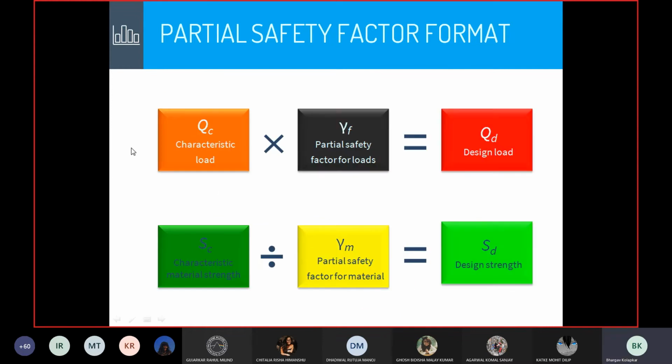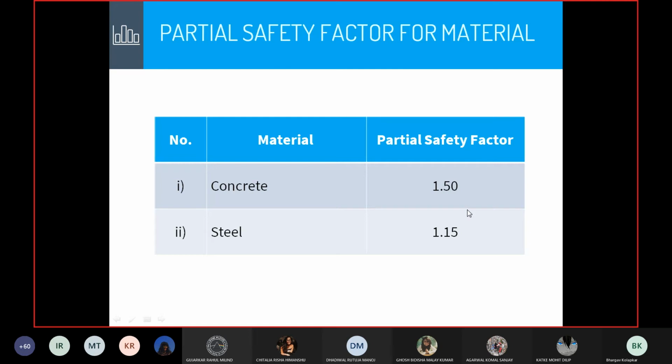So characteristic load, when multiplied by the partial safety factor, gives a design load. The characteristic strength, when divided by a partial safety factor, gives us design strength. Simple. And your design strength, that is your green block, should always have a value that is higher than the red block. So what are these partial safety factors for material?